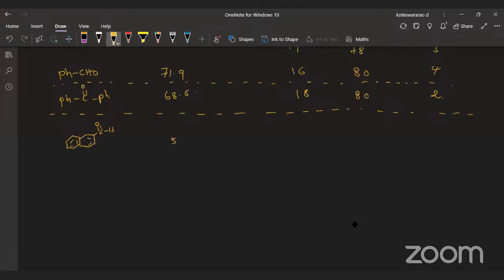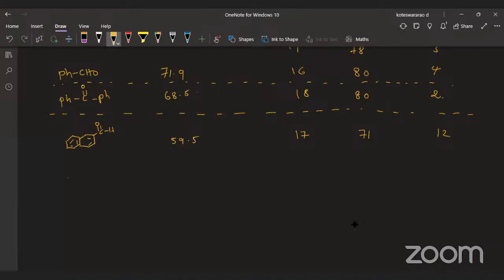The energy it can transfer is 59.5 kilocalories per mole. The cis isomer is 17%, the trans isomer amount rapidly decreases from 80 to 71, and the 4-vinylcyclohexene product increases from 2 to 12%.